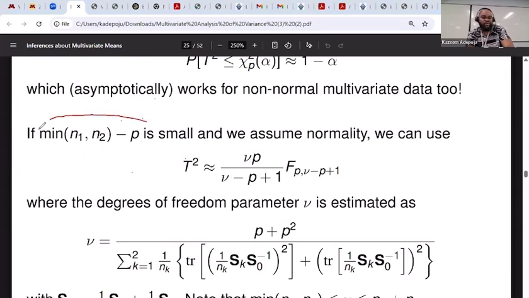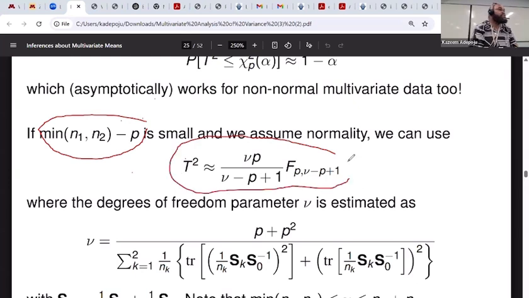If the minimum between the sample size from group 1 and the sample size from group 2, minus p, is small, and we assume normality, that is when we can make use of this formula for t-squared. There are two conditions.